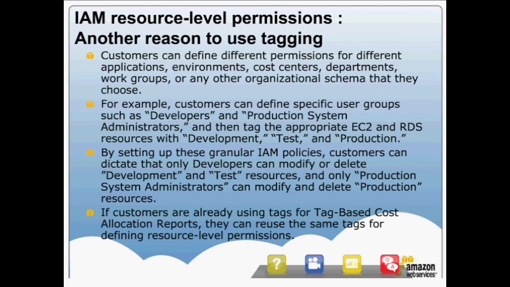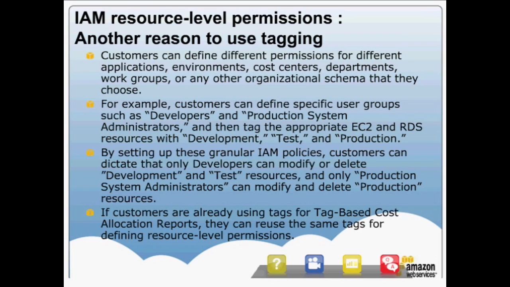So let's turn it over to Aaron at this point to go into a lot of detail on how you can leverage consolidated billing and tagging to take a look at what your costs are, monitor them, and take advantage of things like reserved instances.